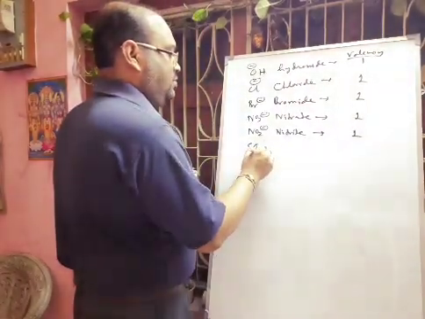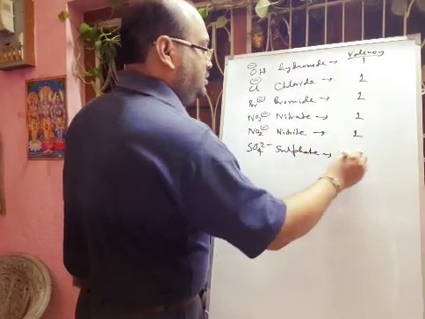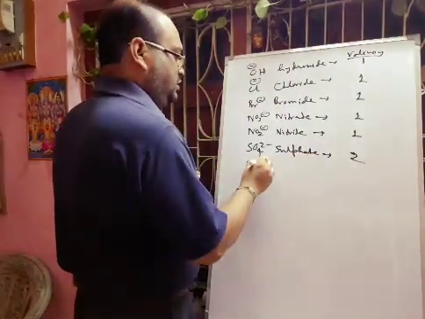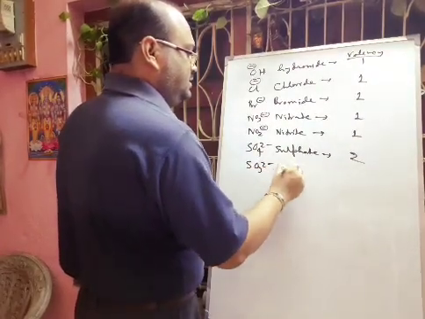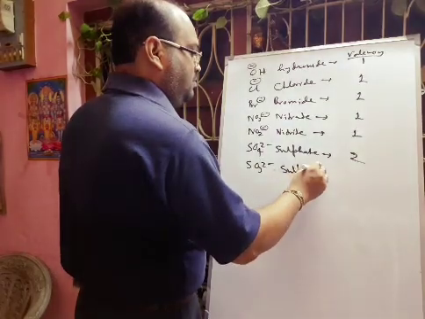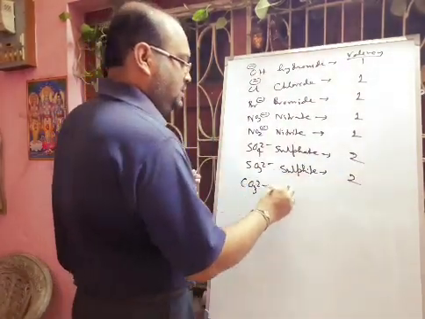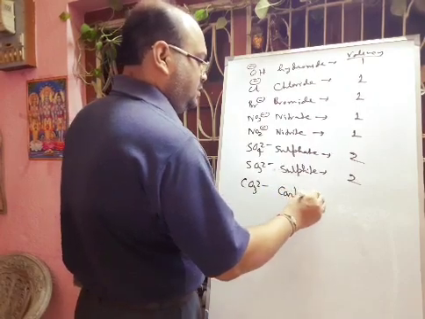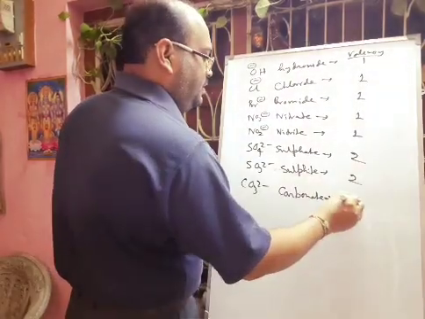But SO4 2 minus, this is called sulfate, its valency will be 2. SO3 2 minus, this is called sulfite, its valency will be 2. CO3 2 minus, carbonate, its valency will be 2.